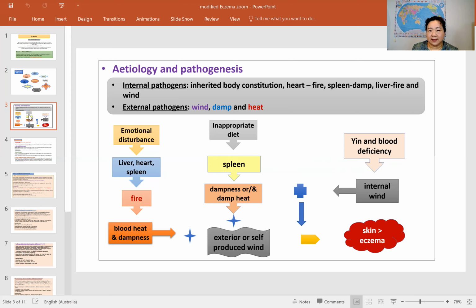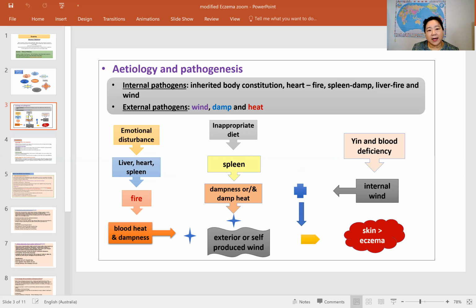You have learned all of this in Chinese medicine basic theory and internal medicine. I won't repeat it here because normally students study dermatology after internal medicine. You should know how internal and external wind damp heat develop.